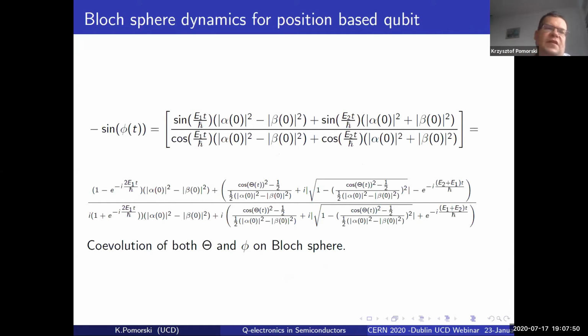Then obviously you can think about implementation of other quantum gates, and then you are asking the question, what's the phase difference between the left and right quantum dot? And it turns out this is such an equation as given here. So there is a dynamics of the phase difference that is naturally built into this tight binding model.